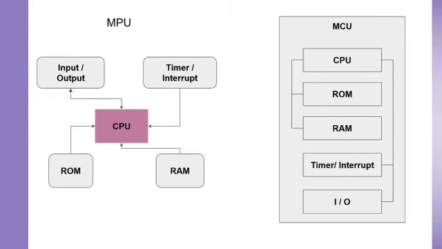Cost wise, the microprocessor is high and the microcontroller is very low cost. In the internal structure of a microprocessor, memory and input and output devices are connected externally. But in the MCU, the microcontroller unit, the CPU, memory, and input output ports are present internally.